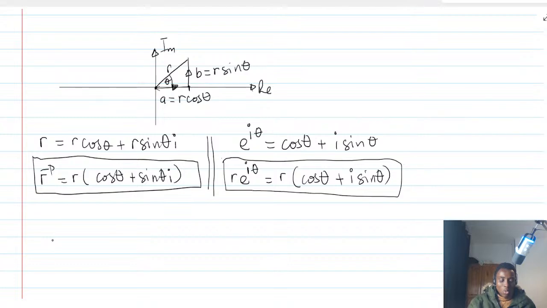So now I want us to look at some basic addition and multiplication in the polar form. All right.